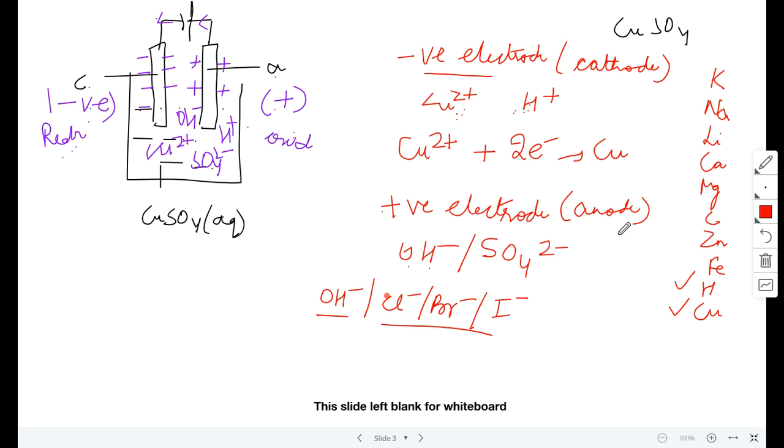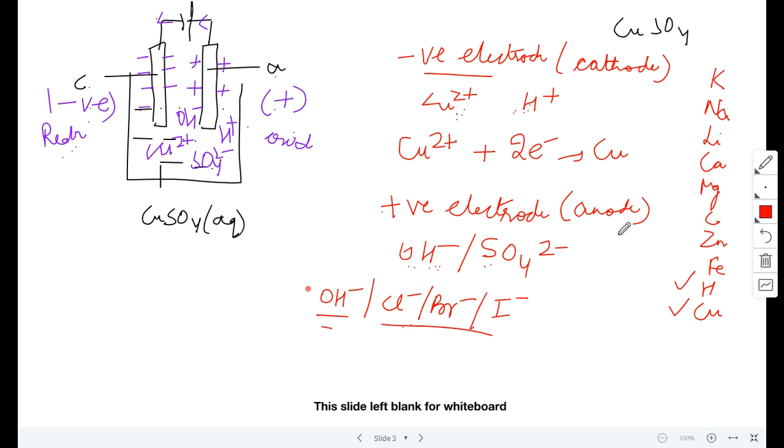If no halide ion is present, then OH will be discharged, and O2 and water will be formed. So in this case, OH negative and SO4 2 negative are there. Can you tell me which one will go? I told you that if halide ions are present, then they will go.